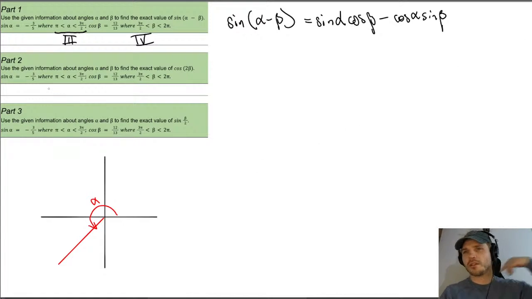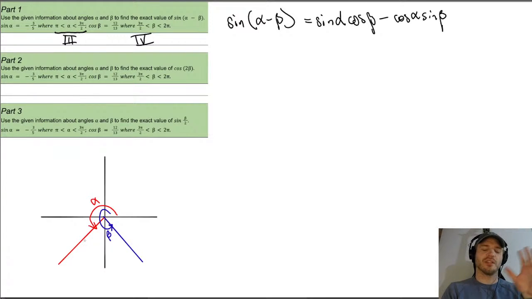This is going to be beta, which is in the 4th quadrant. And so this is beta. We don't know what the radius of this thing is, but no matter what, if you assume that the radius is 1, you'll be fine. Okay. So the sine of this thing is negative 3/5.